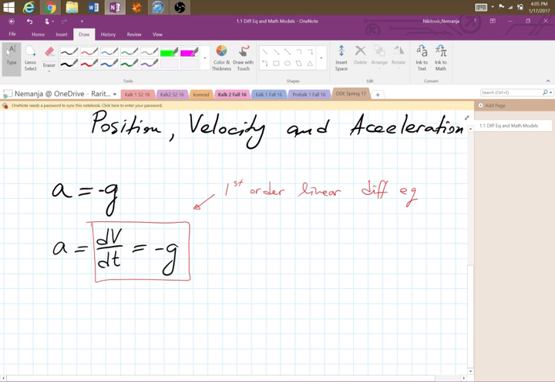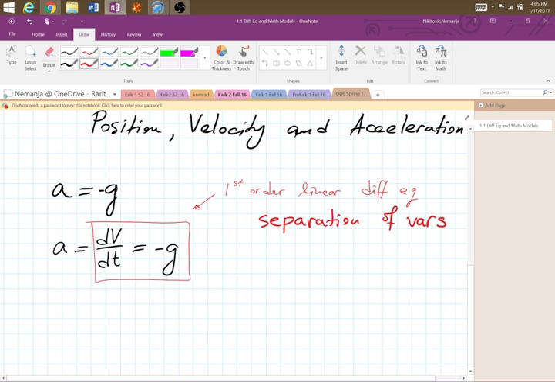We solve this by using separation of variables. And this is the method you already learned in your calculus class, so this is technically a review.